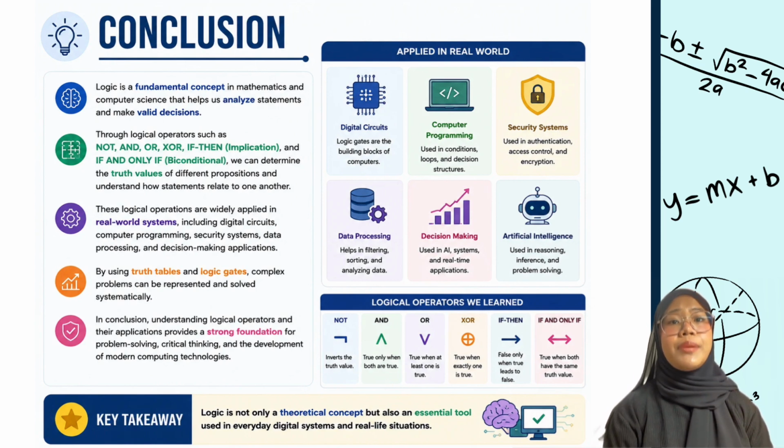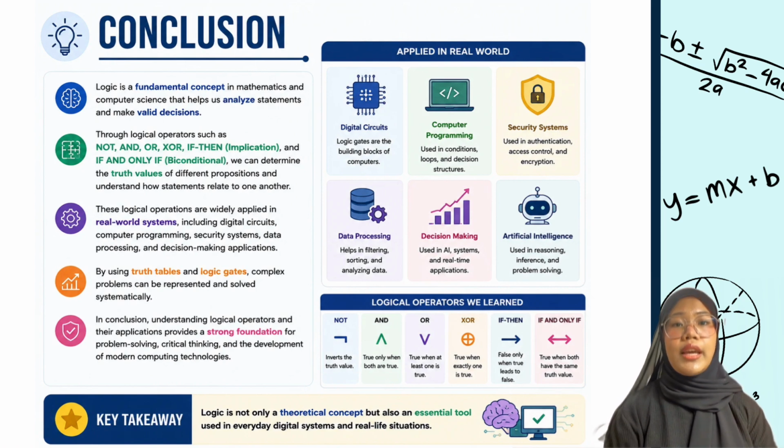These concepts are important because they form the foundation of computer programming, digital circuits, security systems, artificial intelligence, and many other technologies. By using truth tables and logic gates, complex problems can be represented and solved systematically. Therefore, understanding logic is essential not only in mathematics and computer science, but also in many real-world applications.